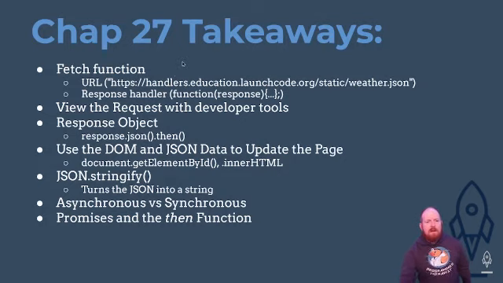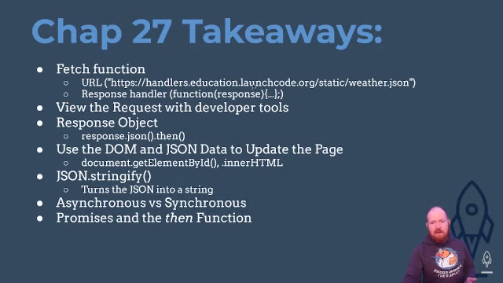And the second part, which is more of the programming part: we talked about this JSON object, what do we use it for? And that's using fetch. The fetch function needs to have two things. It needs a URL that it's going to hit, and it also needs a response handler, which is a function.